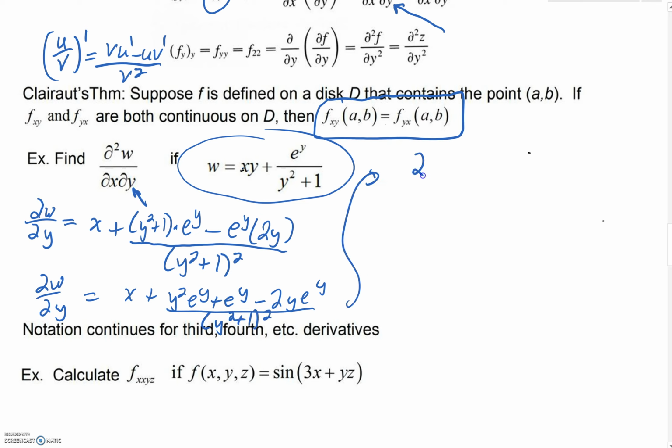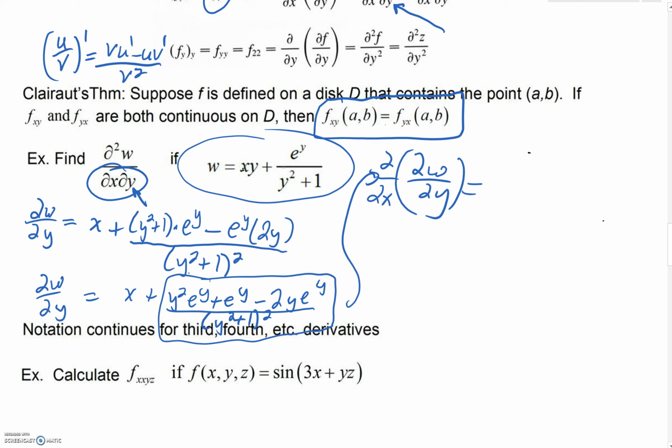However, if you were to take one more derivative, remember that's what this problem's saying. Now they're saying take the derivative of this with respect to x. This whole big ugly thing is exclusively with y's in it. The derivative of that big ugly fraction with respect to x is 0, and the derivative of x is just a 1. So, wow, look at that. That works out beautifully and nicely.